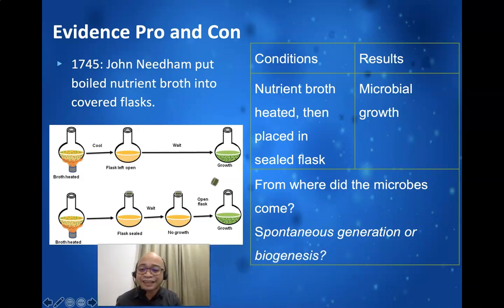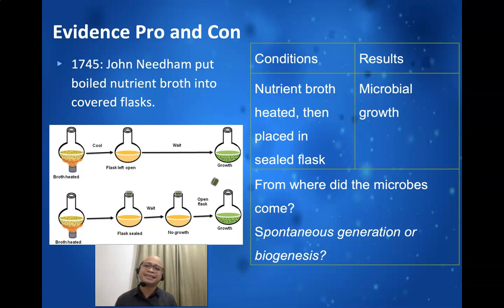But in 1745, after so many years and after so many decades, John Needham did an experiment. He put boiled nutrient broth into covered flasks. You can see here in the illustration that there were two sets of this experiment.